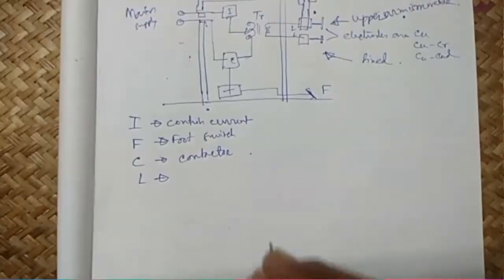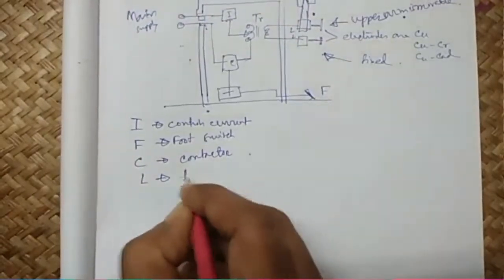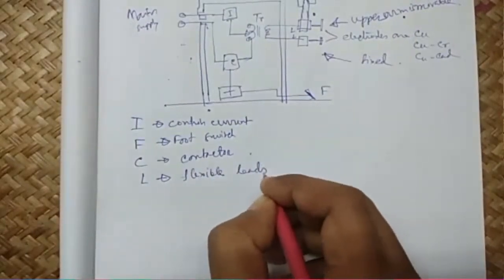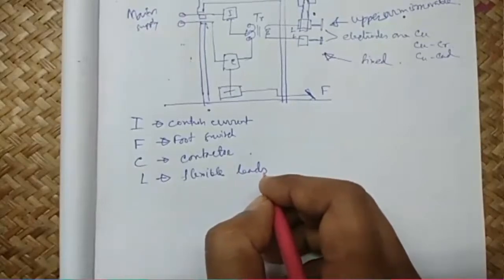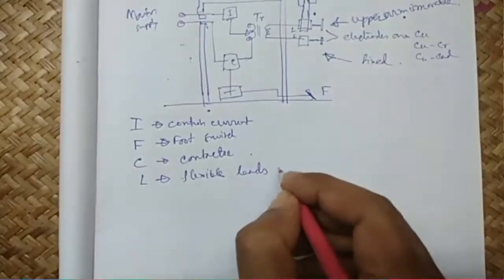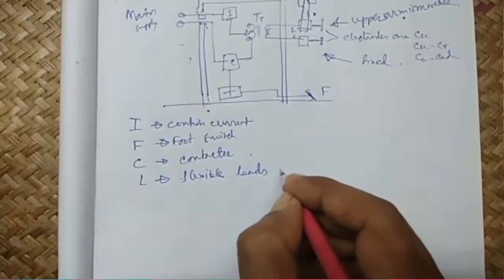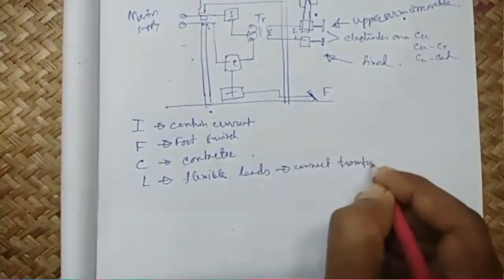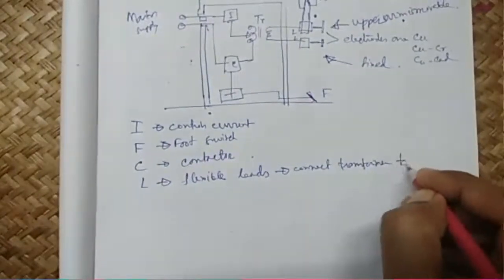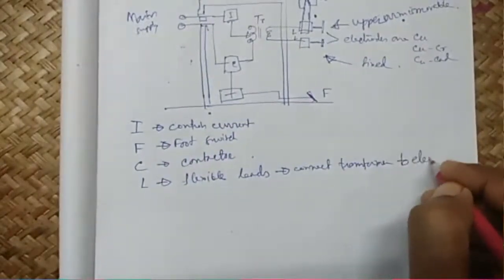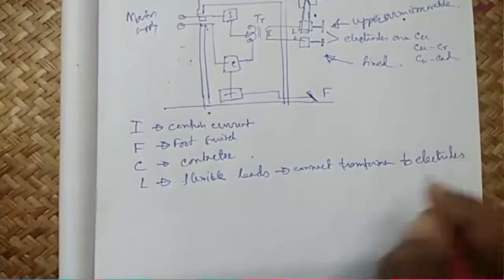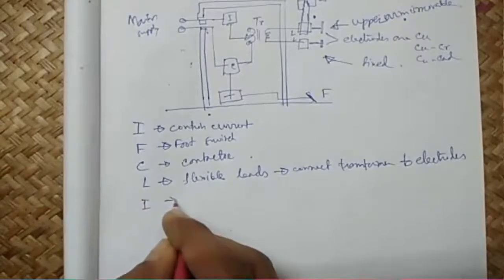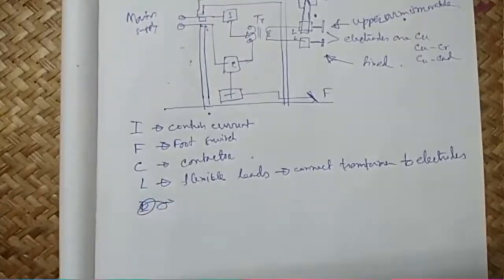L is the flexible leads, which are used to connect the transformer to the electrodes, and this I is already discussed.